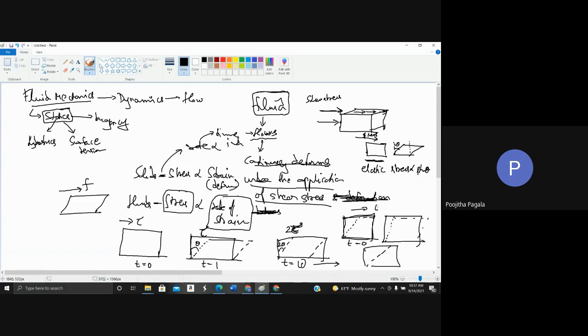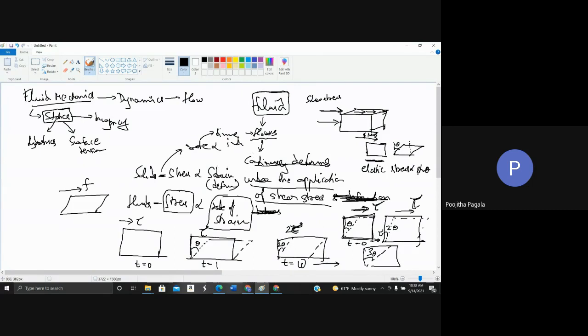So even though the shear stress has remained constant, the angle keeps on increasing at a constant rate. For example, if initially the angle may be theta, then it may go to 2 theta, then it may go to 3 theta, even though you're maintaining the same shear stress. So this is the main distinction between a solid and a fluid.